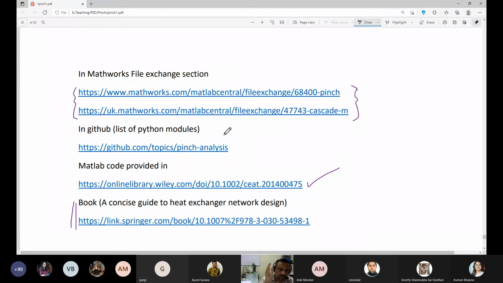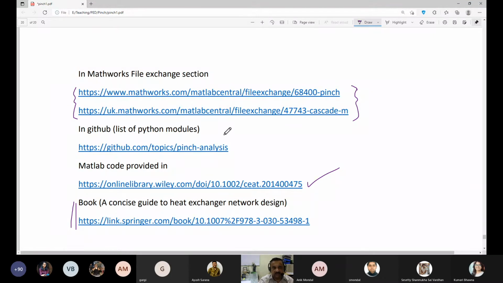First you have to do all the analysis by hand manually, at least for one delta T min. The choice of delta T min can be 15 degrees or 10 degrees; that is your choice. Once you do this, you repeat the same exercise using one of these software tools to see that you get the same values from the code also.